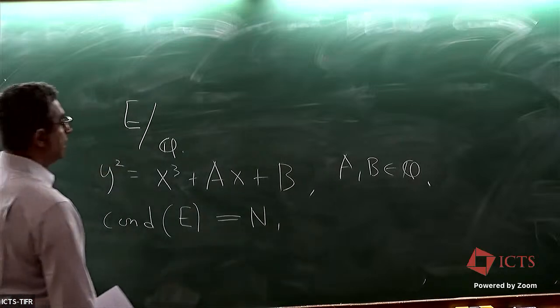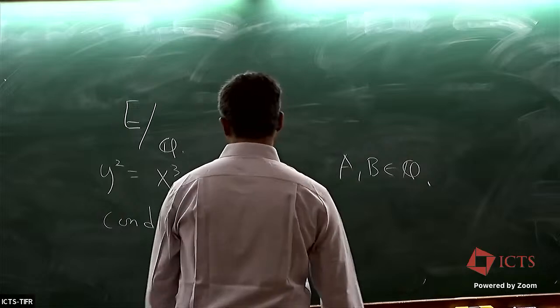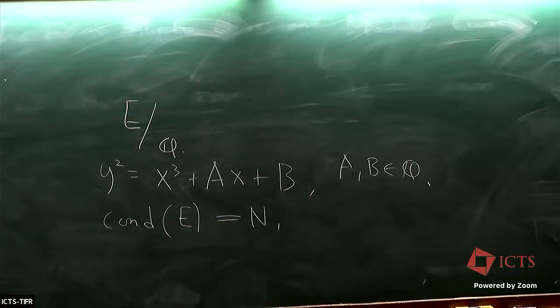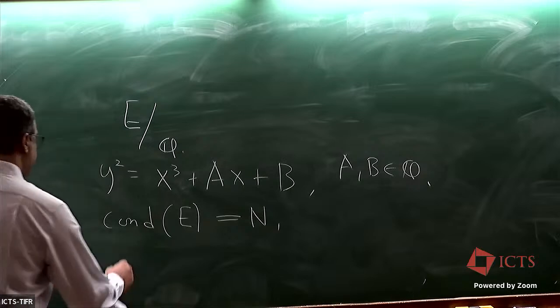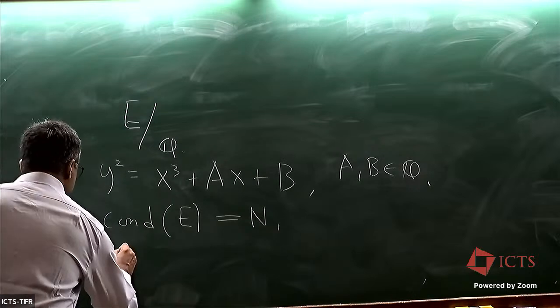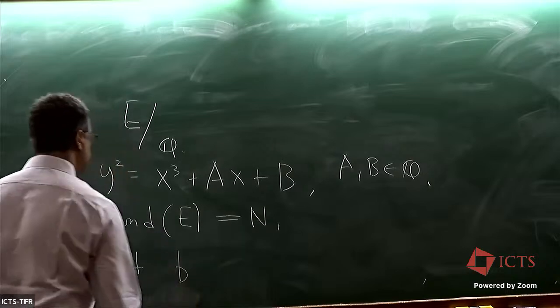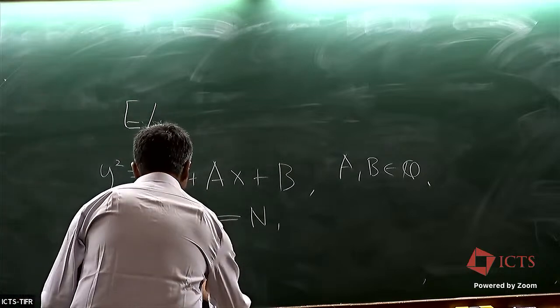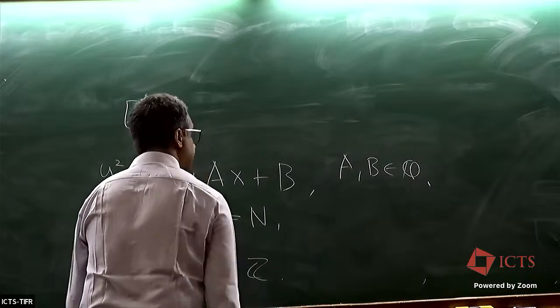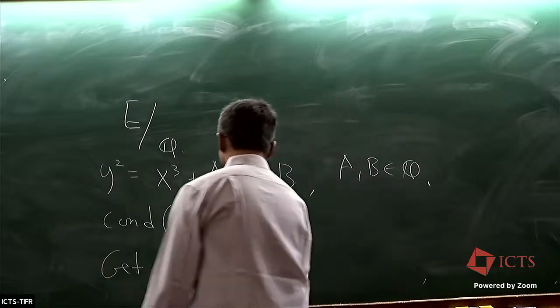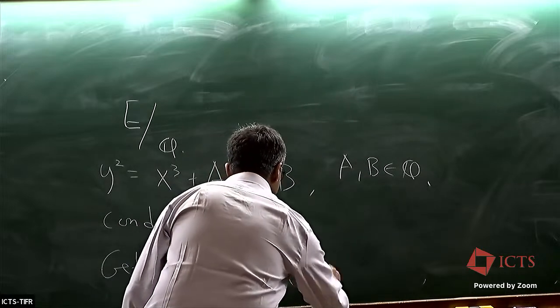Another thing you get as soon as you have an elliptic curve is a bunch of numbers indexed by the primes p, in fact, even indexed by the natural numbers. So how are these defined?